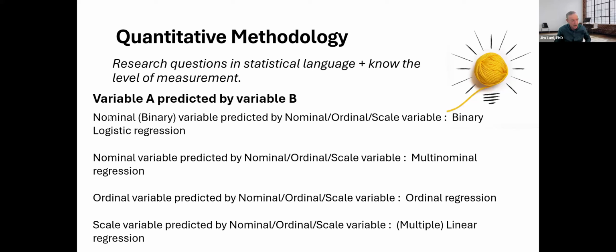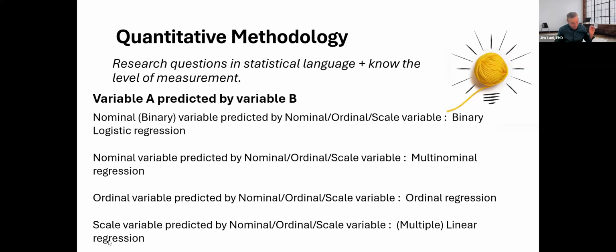So you either have a binary outcome variable leading to a binary logistic regression. You have a nominal variable with three or more levels, we're really in multinomial regression world. You have an ordered outcome variable, we're doing an ordinal regression, or we have a scale variable and we're doing a linear regression.